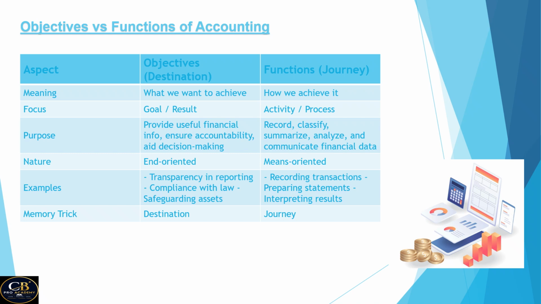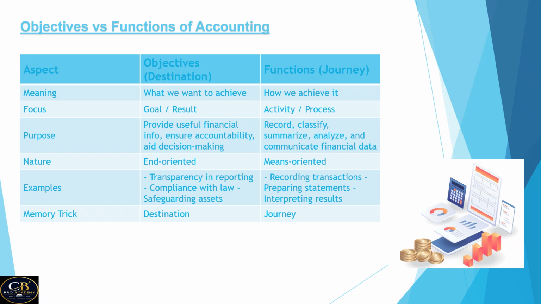Purpose: objectives provide useful financial information, ensure accountability, aid decision making. However, functions record, classify, summarize, analyze, and communicate financial data. Nature: objective is end oriented, functions are means oriented.